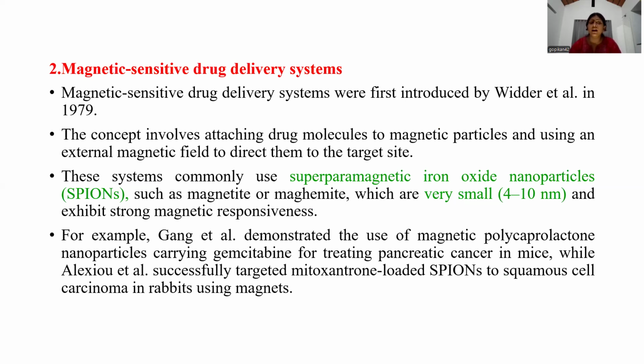For example, Gang et al. demonstrated the use of magnetic polycaprolactone nanoparticles carrying gemcitabine for treating pancreatic cancer in mice, while Alexiou et al. successfully targeted mitoxantrone loaded SPIONs to squamous cell carcinoma in rabbits using magnets.